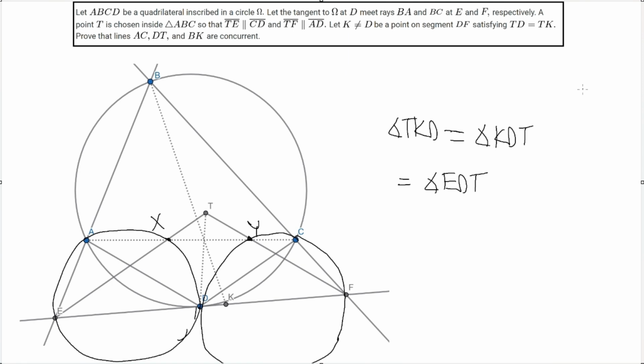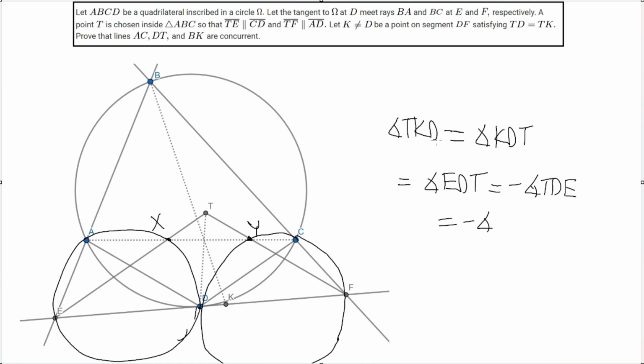But now we recognize that TD is a tangent, and we want to use this somehow. ED is a chord in the circle, and TD is a tangent, so we can rewrite this as negative directed angle TDE. And now by the tangency, this is equal to negative directed angle, and we want to somehow choose either A or X to satisfy this.